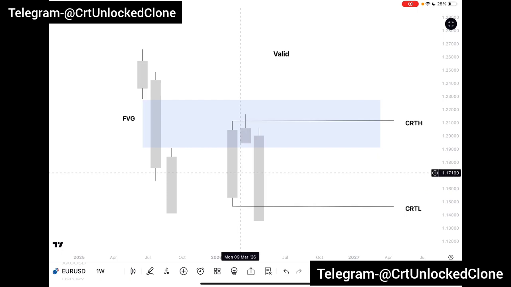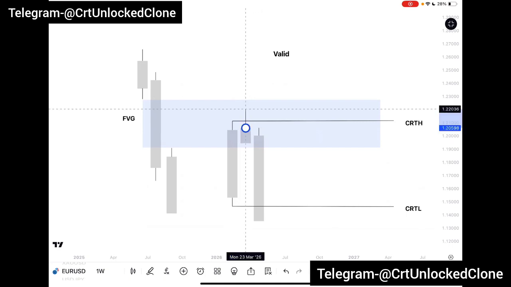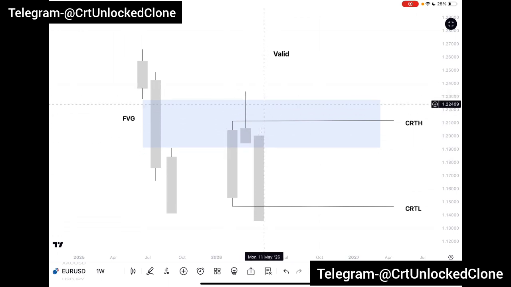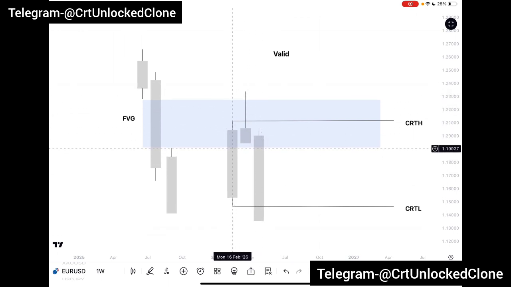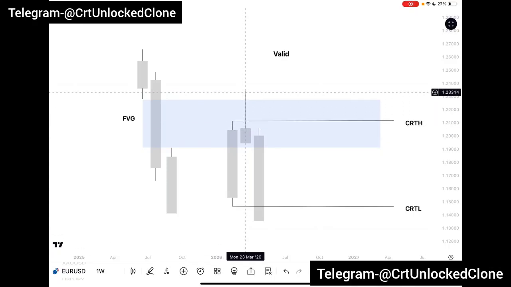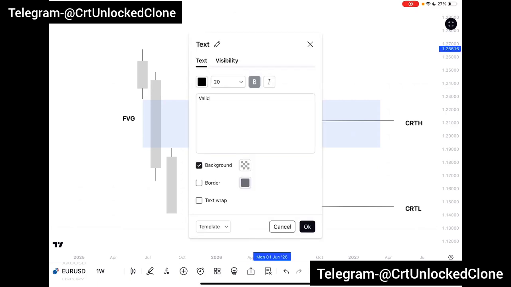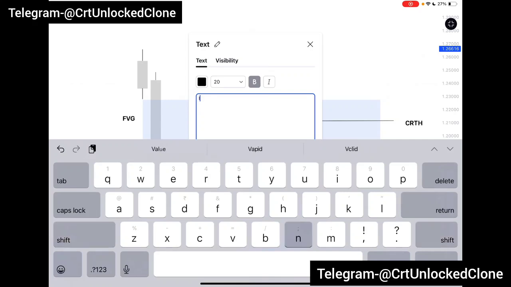Now after the CRT candle has formed inside our key level FVG, if the manipulation candle has gone outside of our key level FVG, just see the scenery. The CRT candle has formed inside our key level FVG and the manipulation candle has gone outside the key level FVG, and now this scenery is a pure invalid scenery.